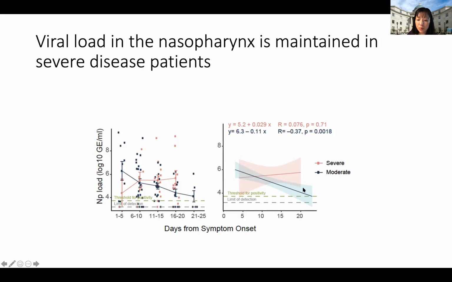So within about 25 days of hospital stay, moderate patients were able to clear the virus below the threshold of detection. Whereas the severe patients had elevated levels and maintained elevated levels of virus detectable in the nasopharynx, indicating that this failure to clear the virus may be at the root of severe disease from COVID-19.